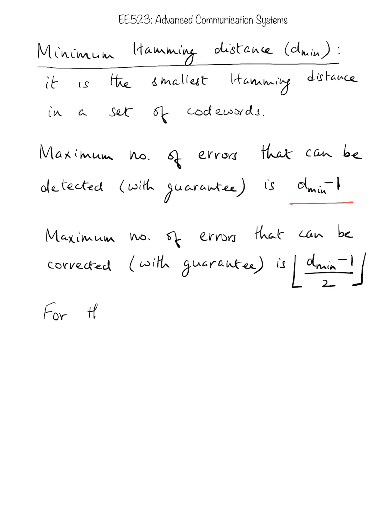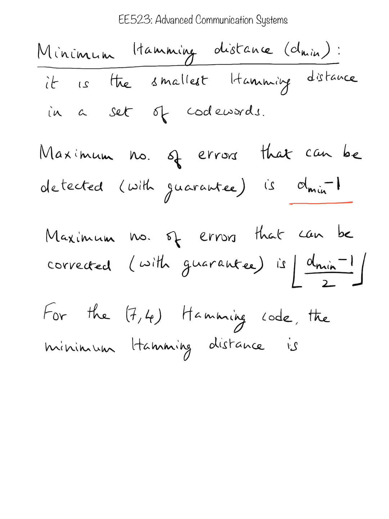So for the 7/4 Hamming code, the minimum Hamming distance is d min equals 3.